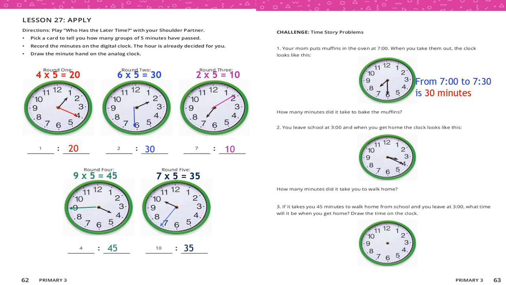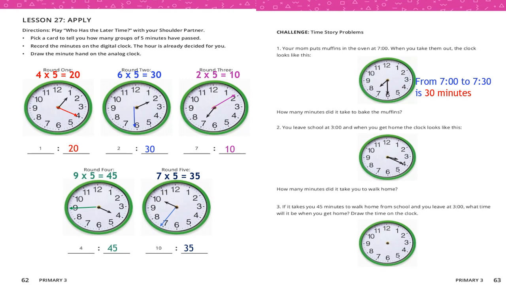Number 2, you leave school at 3 o'clock. And when you get home, the clock looks like this. We left our school at 3 o'clock, so it was 3:00. And when we reached home, it became like this. It's what?